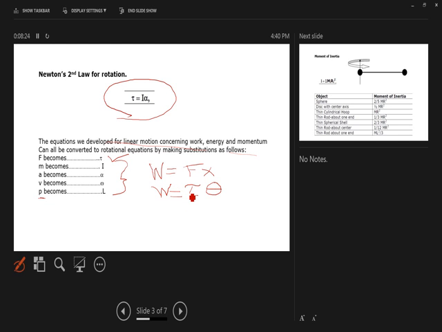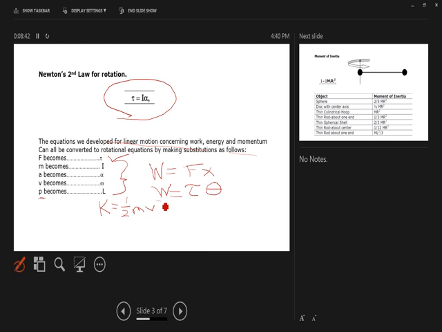All of the forms of the equation stay the same. We're just changing the symbols. So for instance, kinetic energy, 1/2 mv squared.